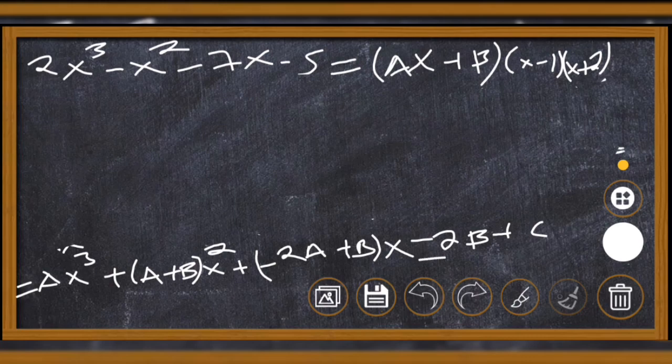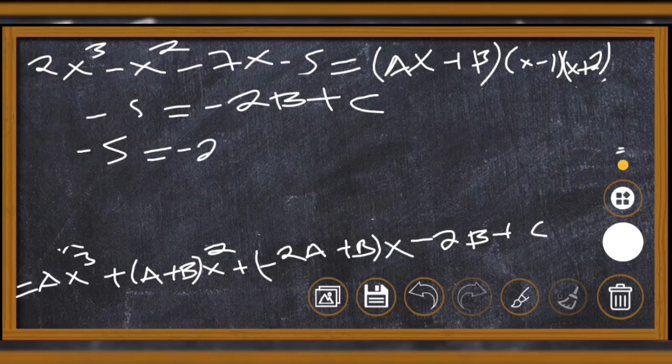Now let's go to the constant values. On this side the constant is negative 2b plus c, and on the other side it's negative 5. So we have negative 5 equals negative 2b plus c. We already found b, so we replace it: negative 5 equals negative 2 times negative 3, plus constant c.